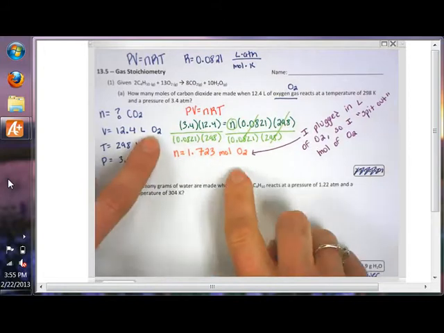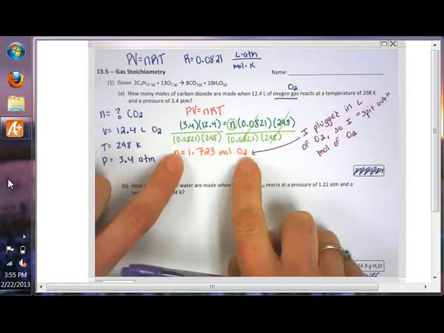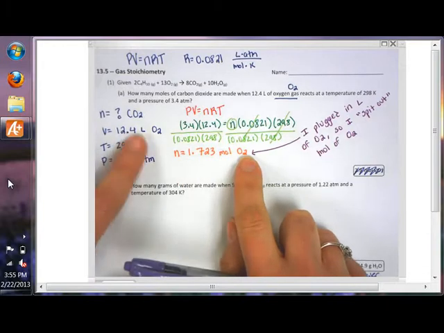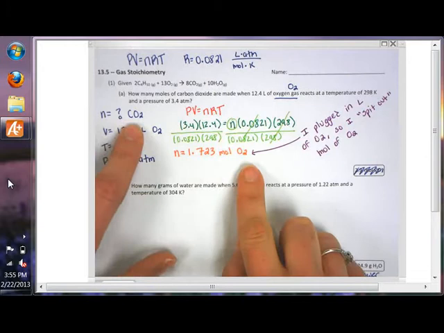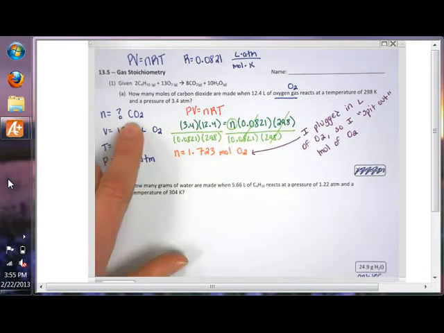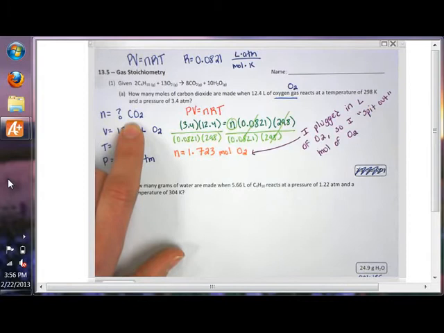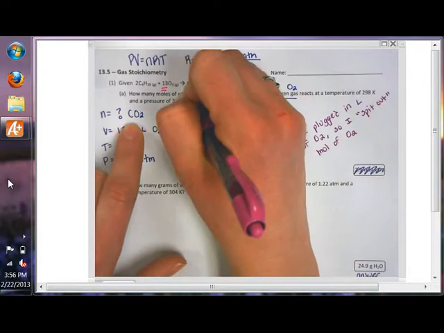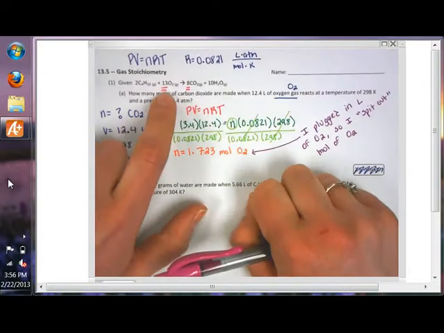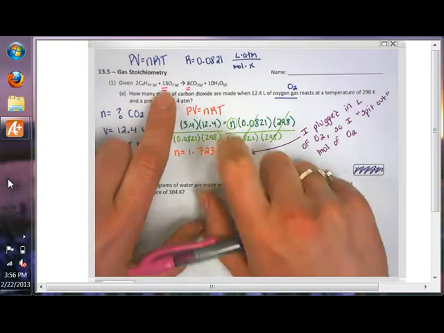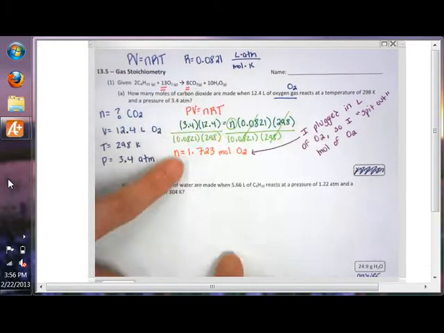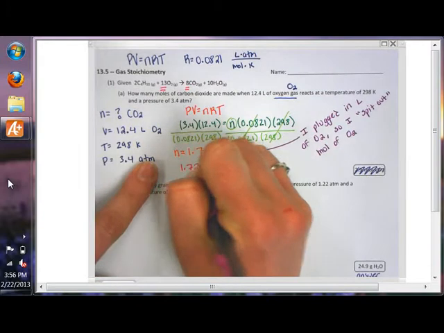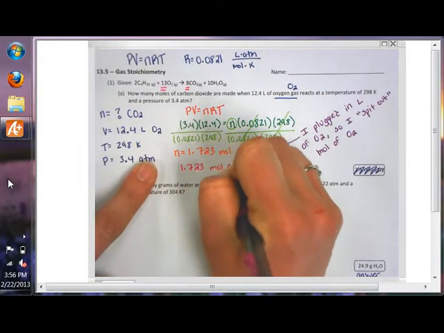So now I look back and I see, well, they didn't want moles of oxygen. They wanted moles of carbon dioxide. So all I need to do at this point is just make a very quick switcheroo using the balanced equation. I can use the balanced equation to go from moles of oxygen to moles of carbon dioxide. So I'm going to take this number, 1.723 moles of oxygen, and I'm going to convert moles of oxygen to moles of carbon dioxide.